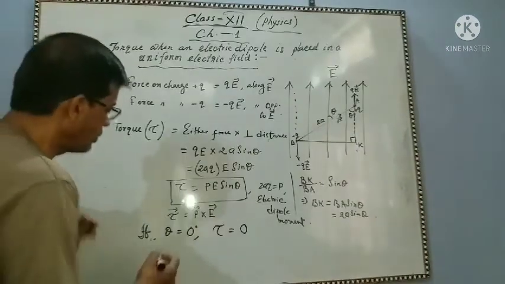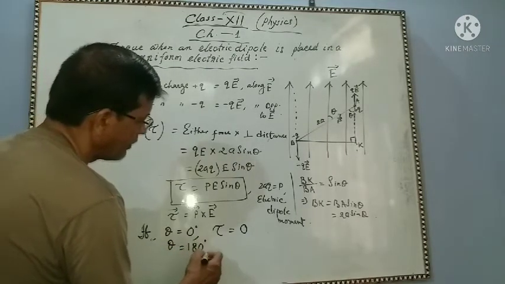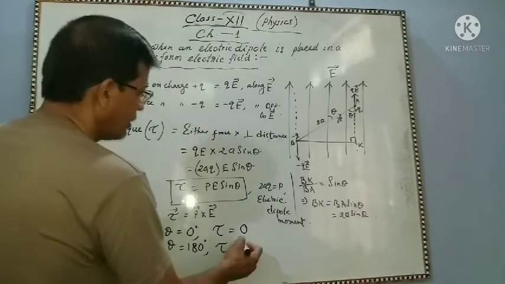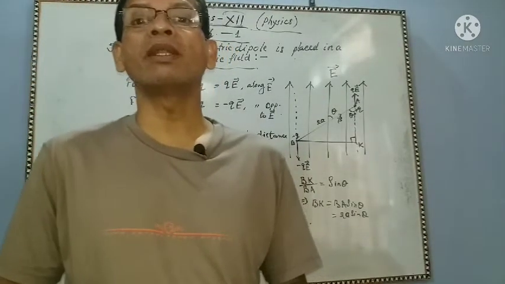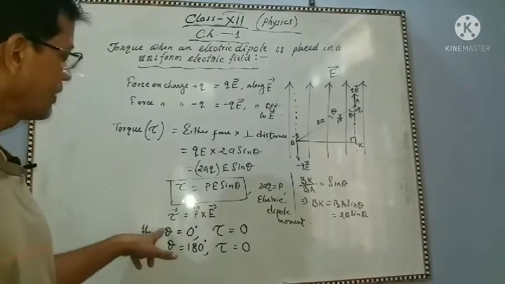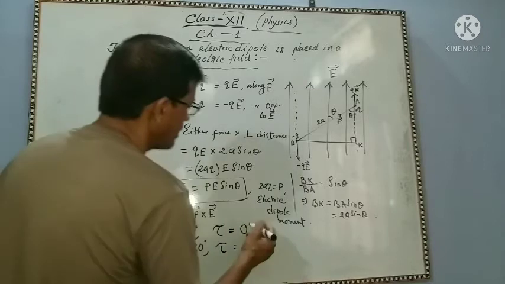And when theta equals 180 degree, then tau equals sin 180, also 0. This is also equilibrium, but this is the unstable equilibrium. In both cases, when theta is 0, tau equals 0, this is stable equilibrium.